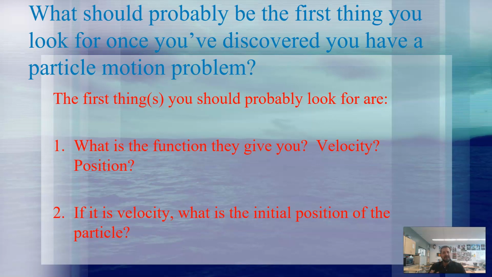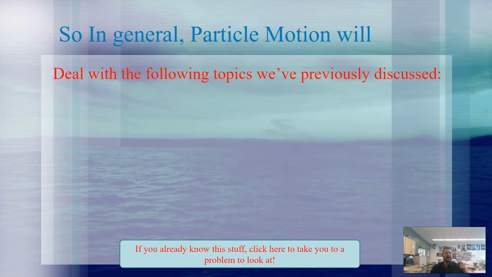If they give you a velocity function, what they'll almost always give you as well is some sort of initial position of the particle. It'll say the particle is at x equals 3 when time equals 2 or something like that. That part of the problem is important because you'll have to use that piece of information as you work through the problem. So again, just be aware of that.